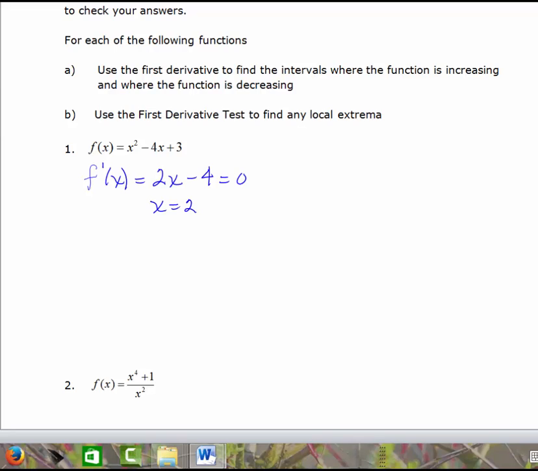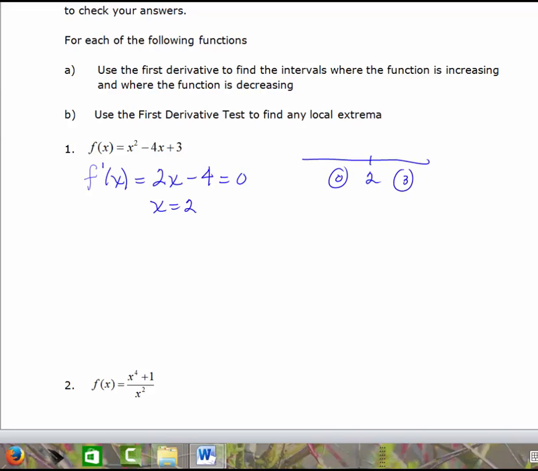So I will set up my sign chart. Number 2 is in the domain, so it is a critical value. I want to stress the fact that you should always be checking that these critical values are in your domain. If it's not in the domain, you can have a local max or a local min there. Test point to the left will be 0. Test point to the right, 3.